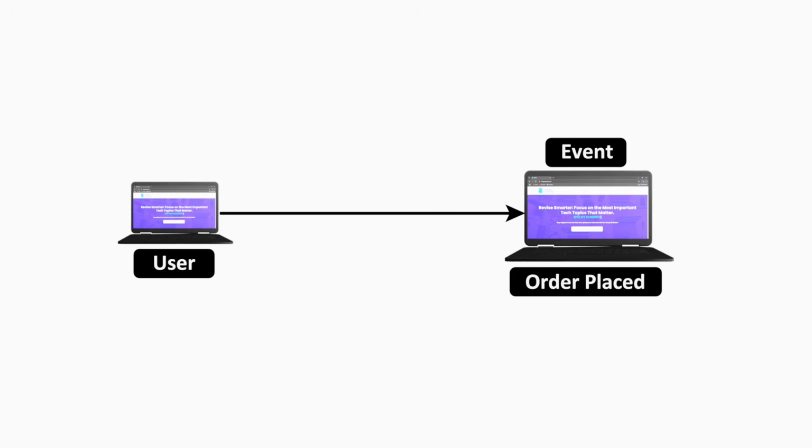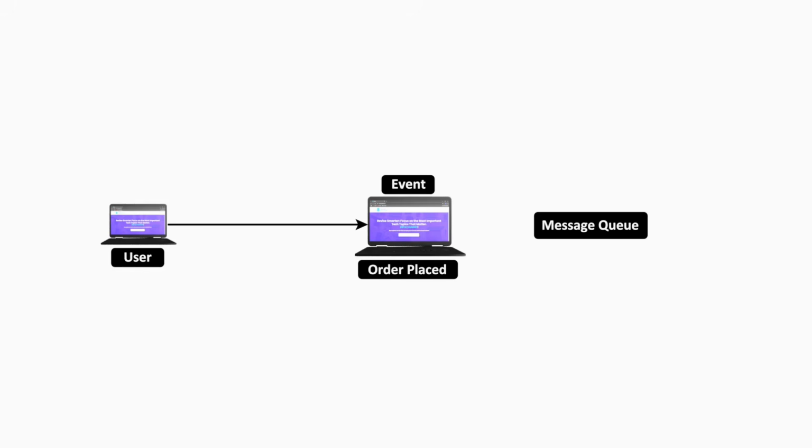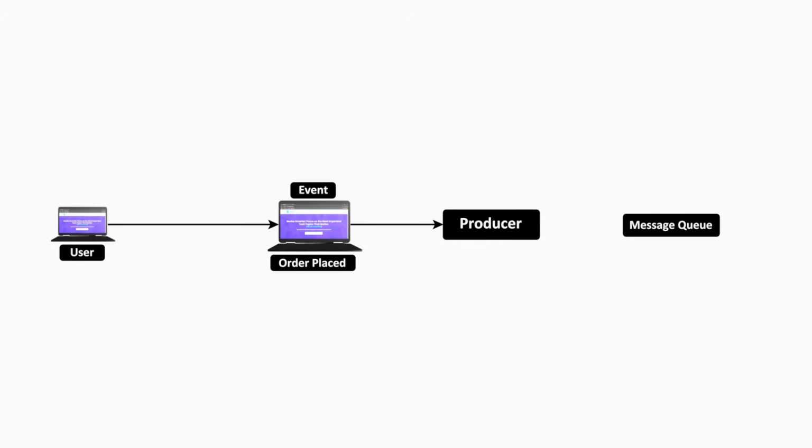Once the order is placed, you want to send this event to, let's say, a message queue. So let's say this is the message queue. It will all happen asynchronously. You don't want to make the user wait until everything is done.